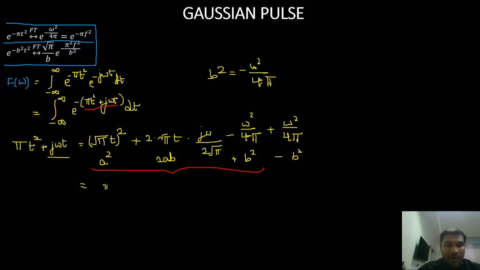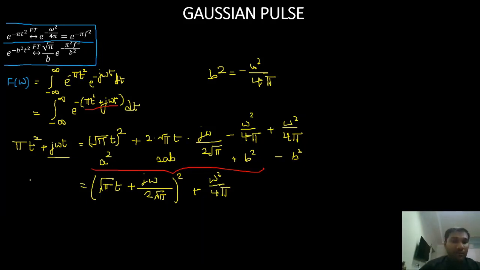A is root pi t, plus b, which is j omega by 2 root pi, whole square, and I have plus omega square by 4 pi.